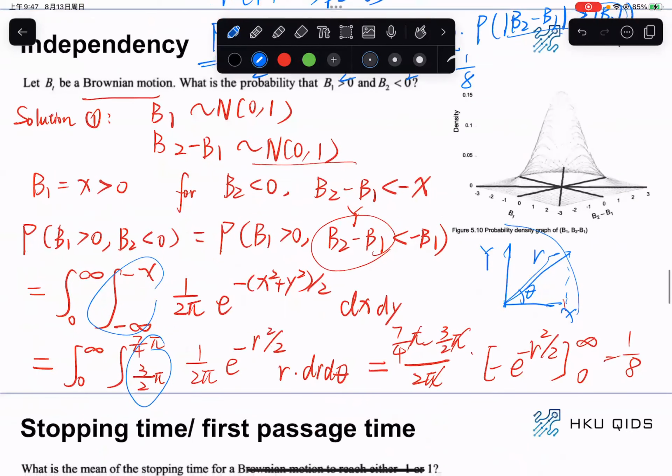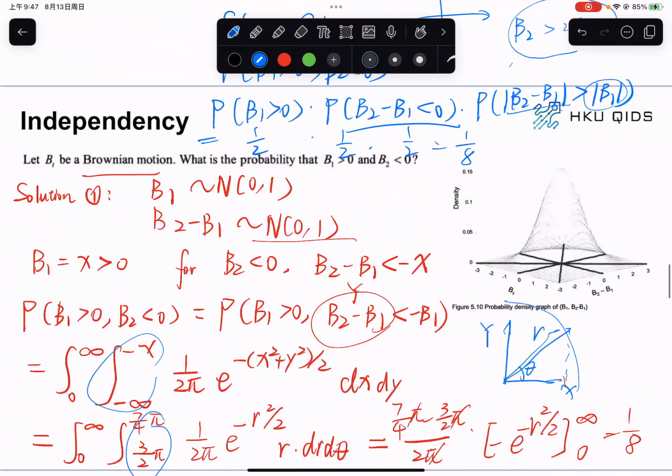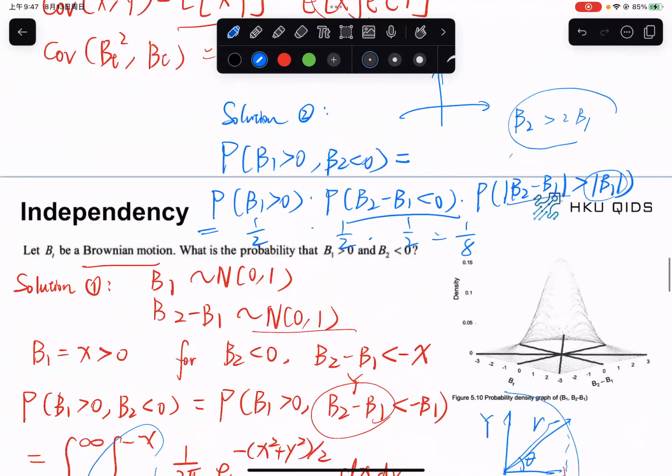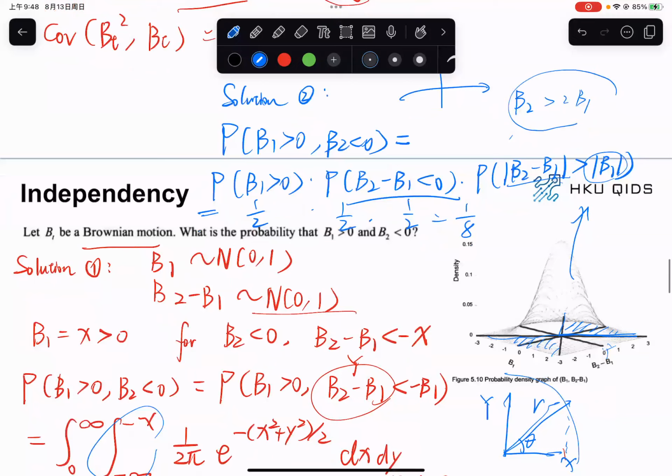And you can actually see this from the plot here, because we have B1 minus B2, which is just our y, and it needs to be larger than B1, right? So we have one line here, which is the absolute value of this part, and also it needs to be larger than the absolute value of B1. So we just have in total this part and this part, which is just 1/2, okay?